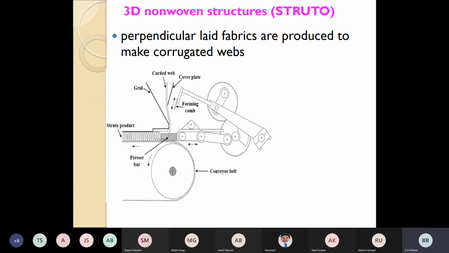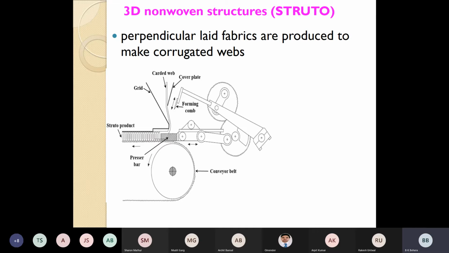if you look at nonwoven, if you have gone through nonwoven manufacturing, there is a technology called perpendicular lay nonwoven manufacturing. Different lay nonwovens you must have heard: wet lay, dry lay, perpendicular lay.